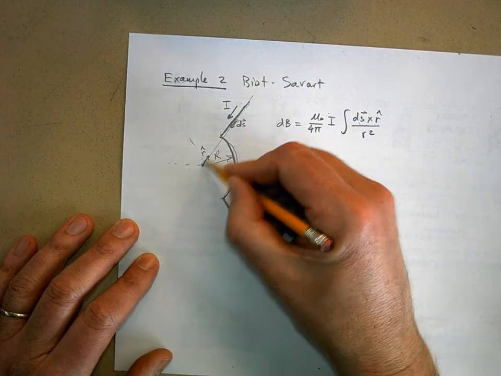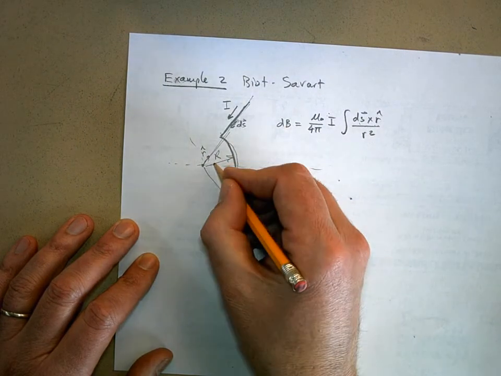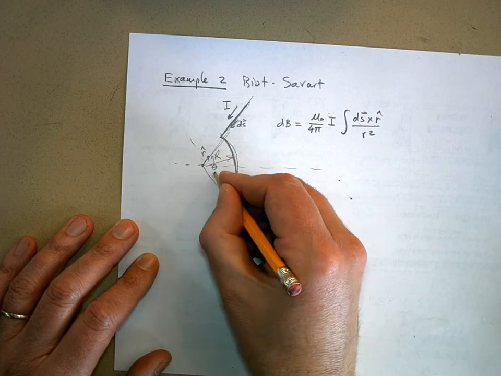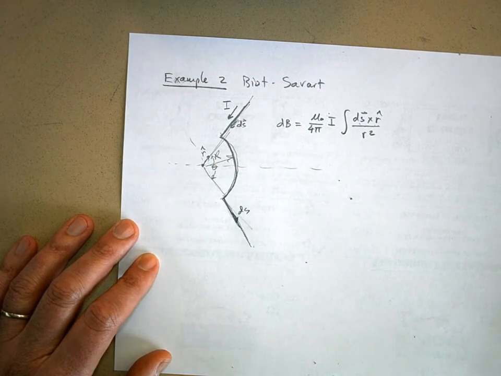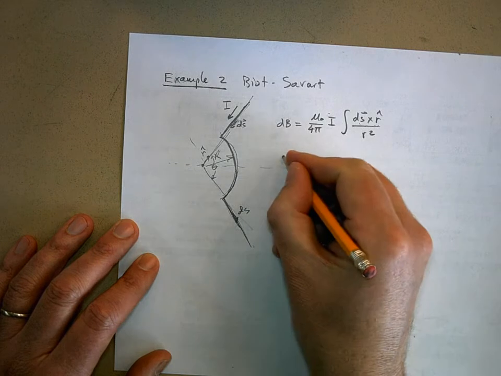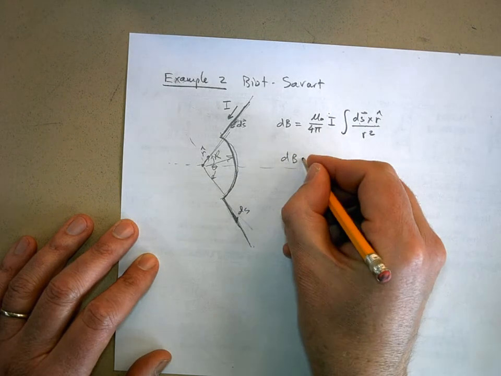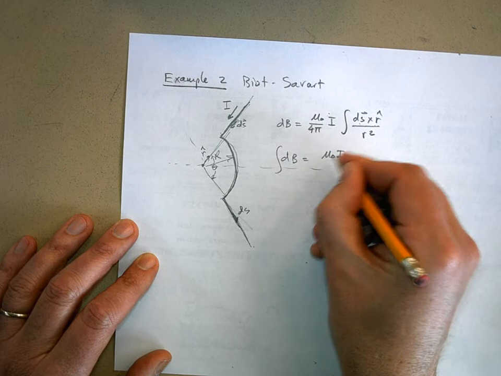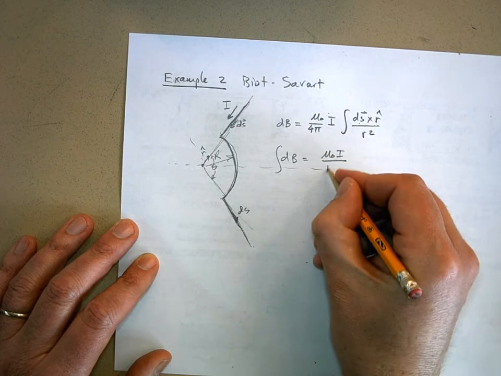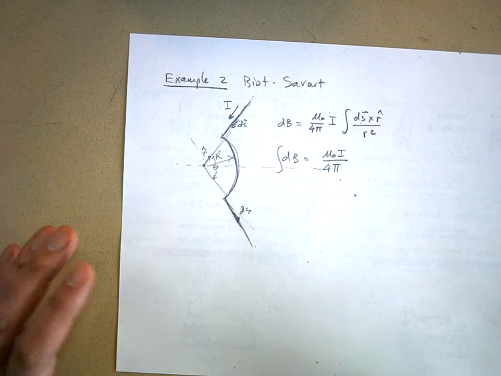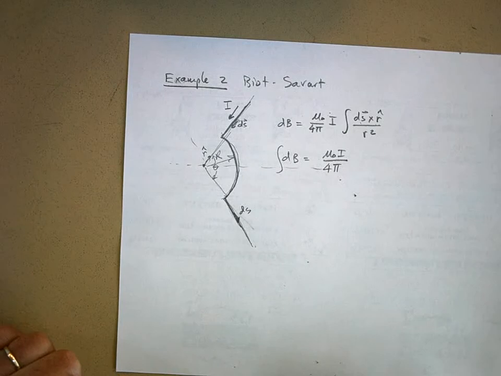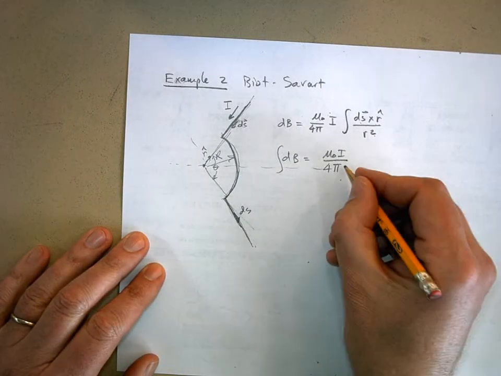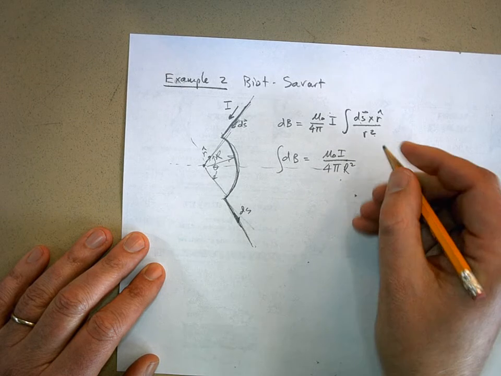And we need this angle. We'll call this angle theta from here over to here. So dB is going to be, or actually, let's just integrate now. Mu naught I over 4 pi. Now, what's a constant here? R is a constant. And so it's r squared, so it just comes out as r squared.